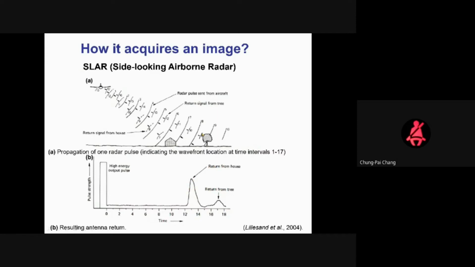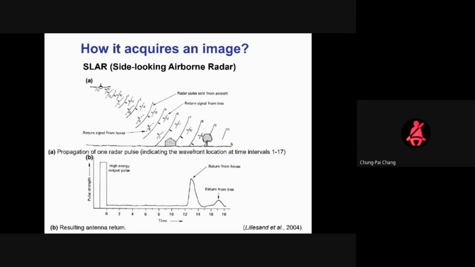Then for the tree, the return signal has a very clear peak, but it's weaker than the signal from the house. So this is along the range, and then you can scan range by range along the flying track, and if you combine all these signals together, you can generate a radar image.